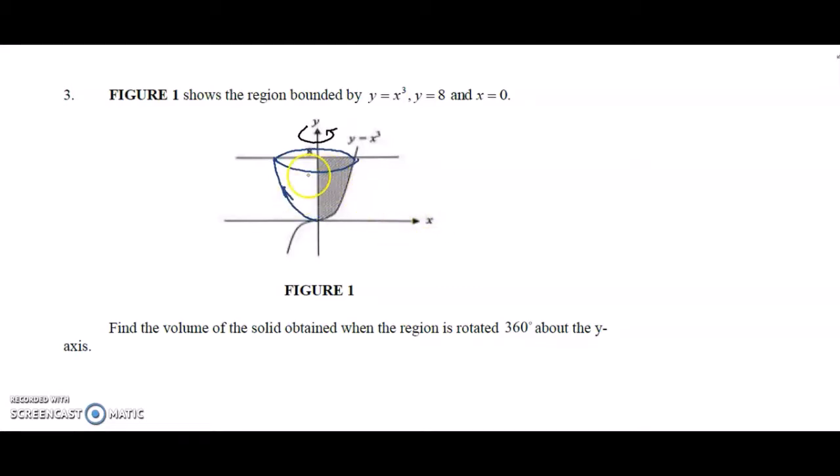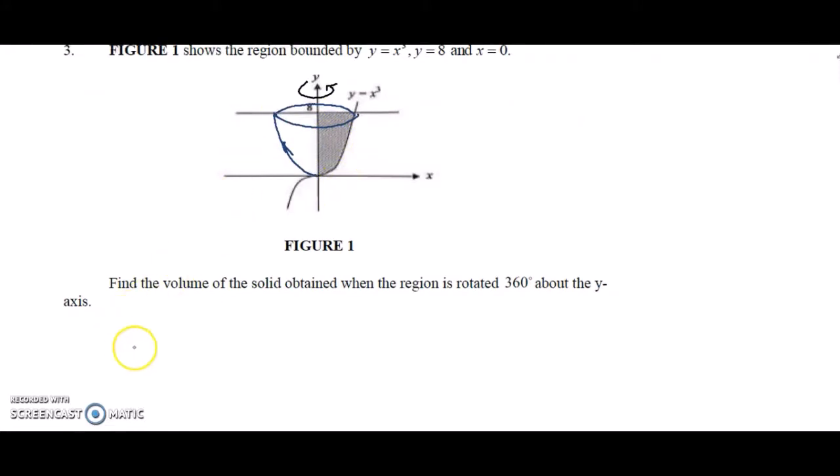Alright, so you are going to get the volume of this solid. Now, to get the volume, we need to stick to the formula. Since the region is rotated about the y-axis, we need to integrate x squared with respect to y and set the limits, from a to b.